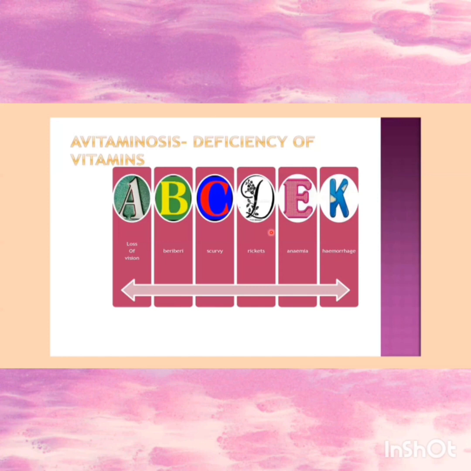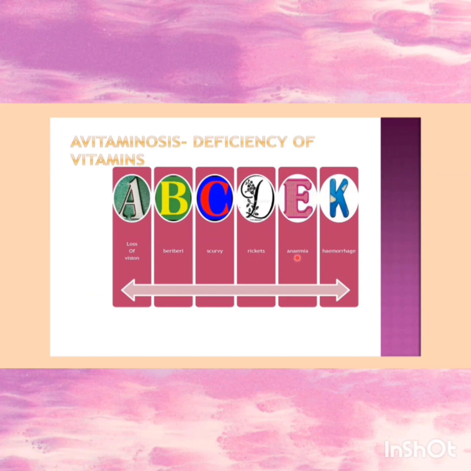Vitamin D: soft and weak bones, deformed bones and joints, softening of ribs. These are the symptoms of rickets. Anemia: paleness of nails and face, low hemoglobin, fatigue, and loss of weight.